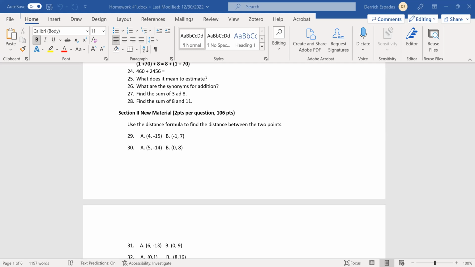All right. So the formula says we do x2 minus x1, and then we do y2 minus y1. Head back, we'll do the arithmetic on it.